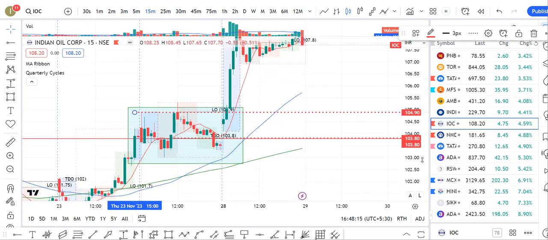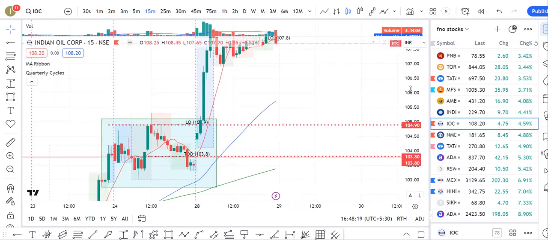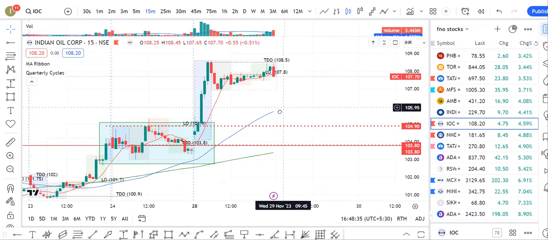So when price started moving above this, there was an exponential move on the IOC, Indian Oil Corporation. You could have taken this stock and held it.